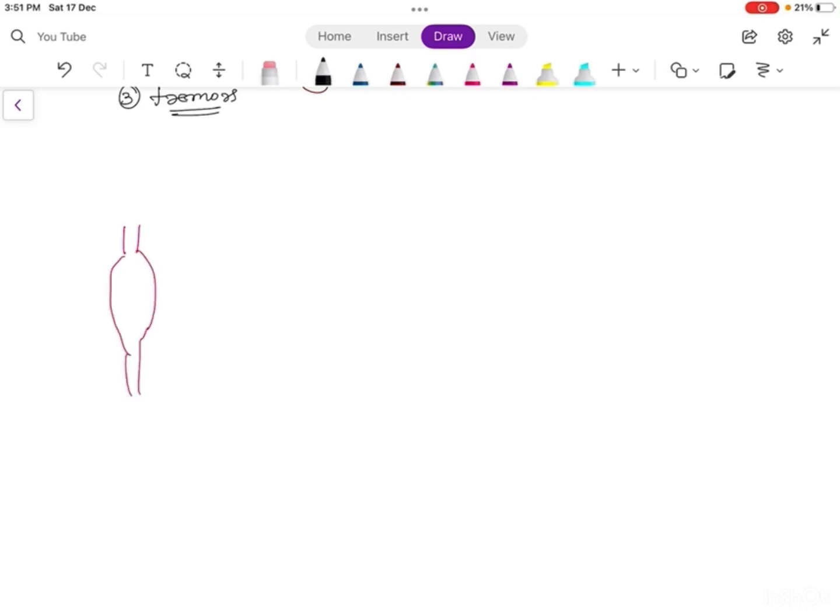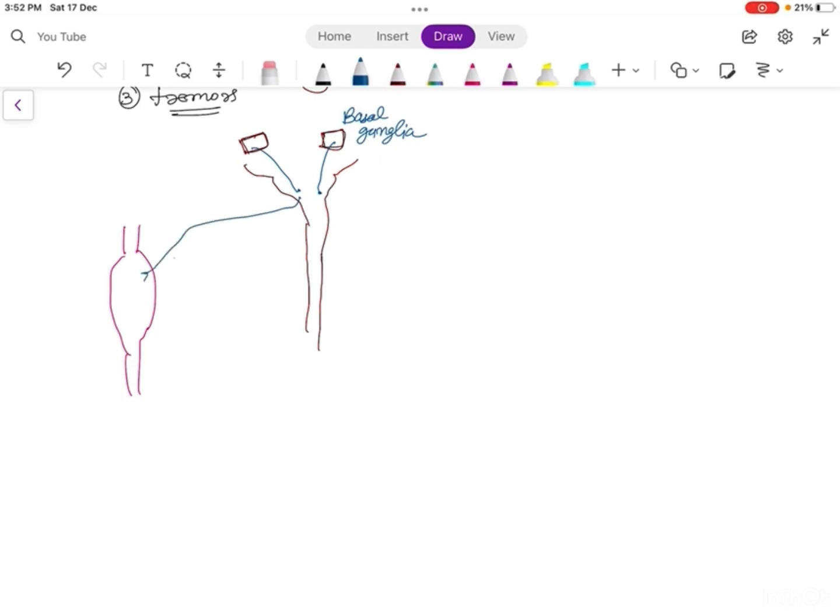are under control of motor neurons, right? So this is our brain. Here we have some dopamine secreting neurons of basal ganglia. These are the upper motor neurons, or you can say some extrapyramidal neurons, and here is the gamma motor neuron.